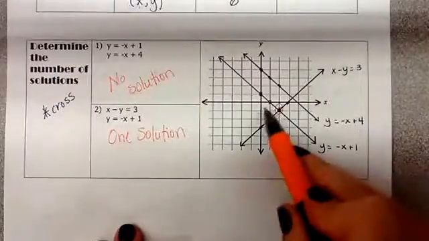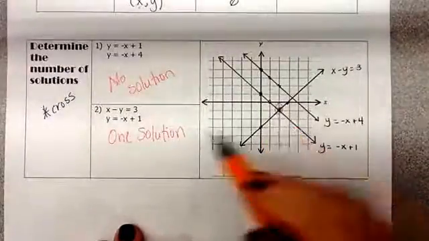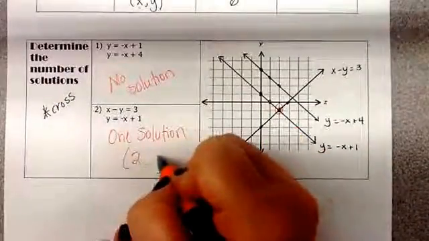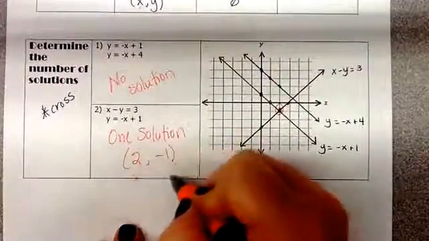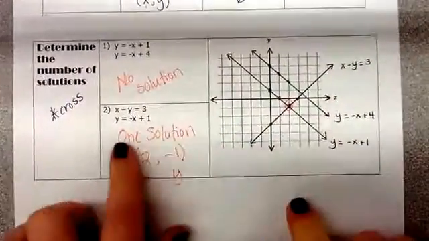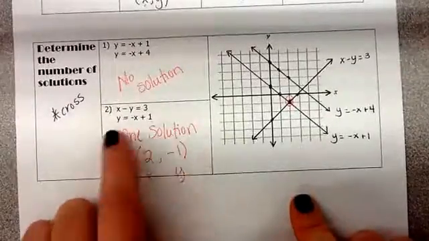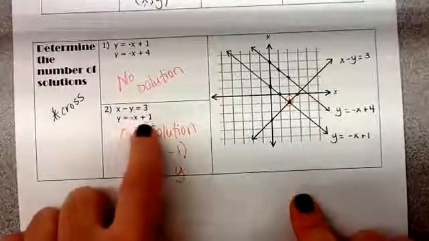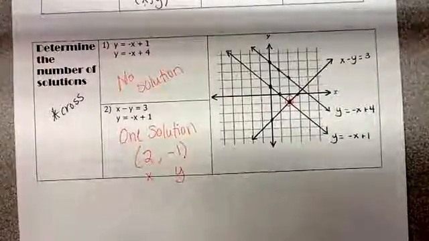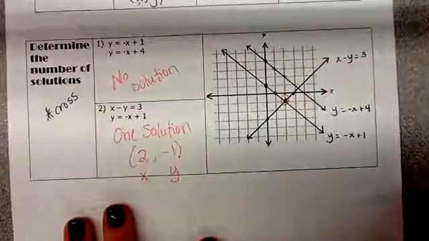And what is the point there? 2, negative 1. So x is 2, y is negative 1. If you were to plug in 2 for x and negative 1 for y into both of these, it would work. Nice job.